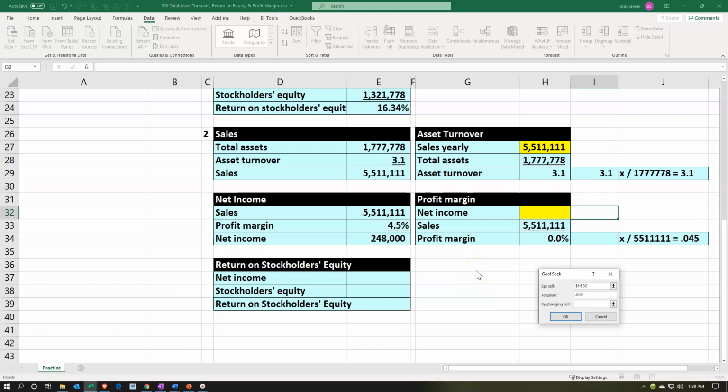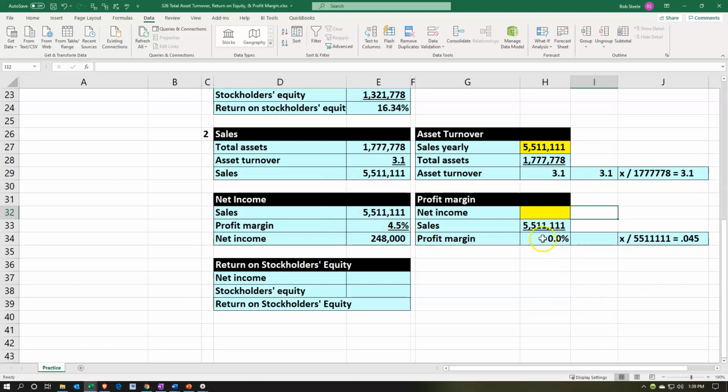I'm going to write it in the form of a decimal, by changing this cell. And then we'll say okay. And it says cell must contain a formula. Hold on a second. Does it contain a formula? Yes.